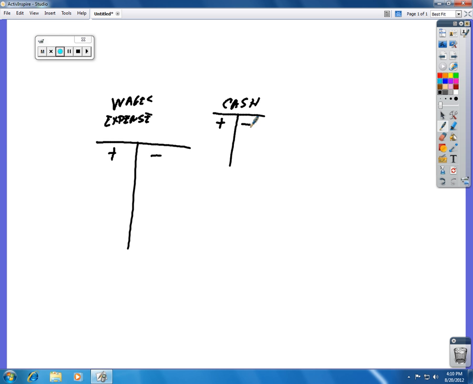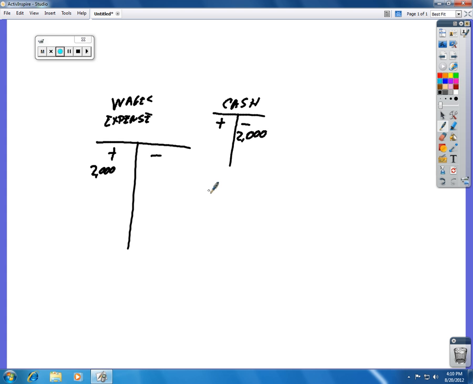If we are paying our employees $2,000 for the month of August, we want to increase wages expense by $2,000, and we want to decrease cash, the money is coming out of our cash, to pay the employees by $2,000. This is going to lead to the journal entry. Remember, there were 5 things the journal entry needed.